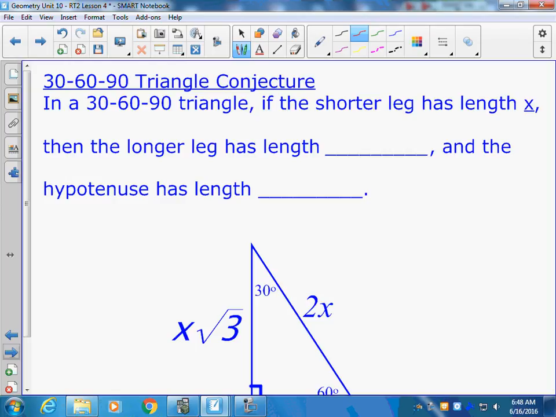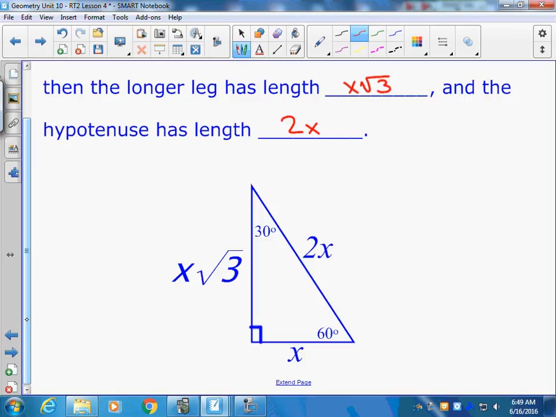Then the longer leg has a length of x times the square root of 3, and the hypotenuse has a length of 2 times x, or x times 2. Okay, so this is our generic situation for the 30, 60, 90 triangle.